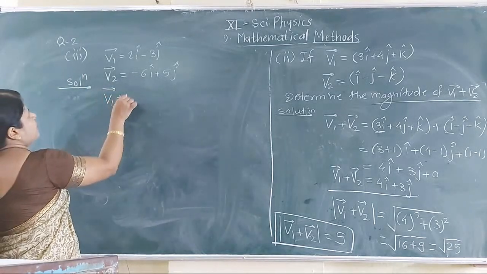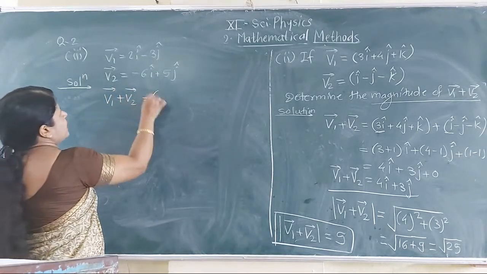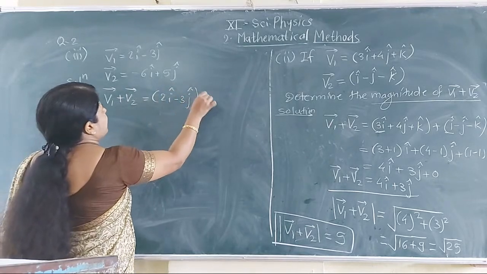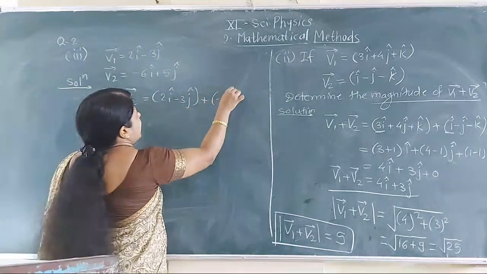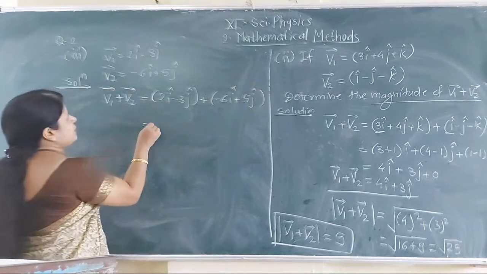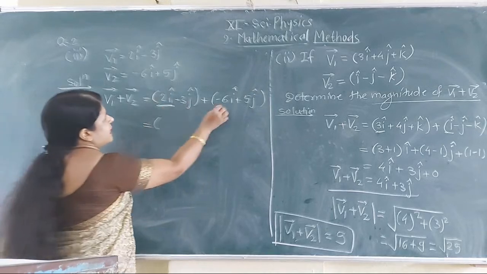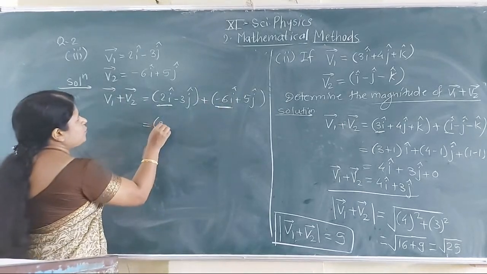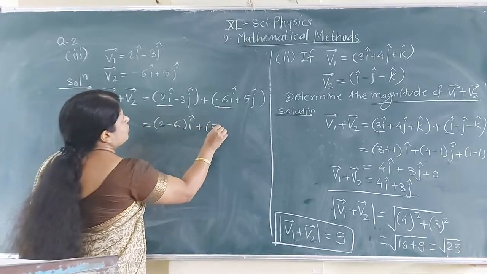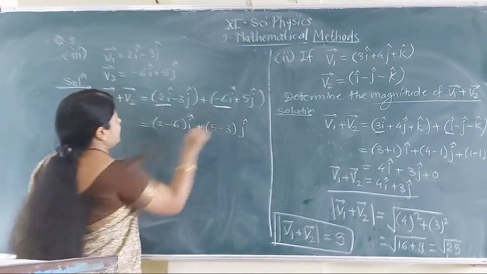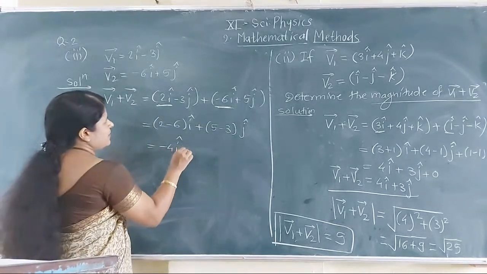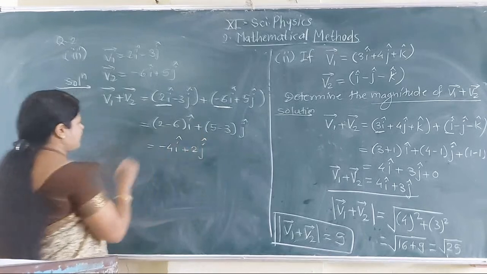Vector V1 plus vector V2 is equal to 2I cap minus 3j cap plus minus 6I cap plus 5j cap, which is equal to 2 minus 6 I cap plus 5 minus 3 j cap, which is equal to minus 4 I cap plus 2 j cap.